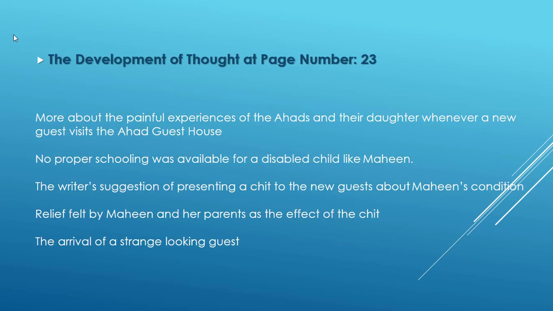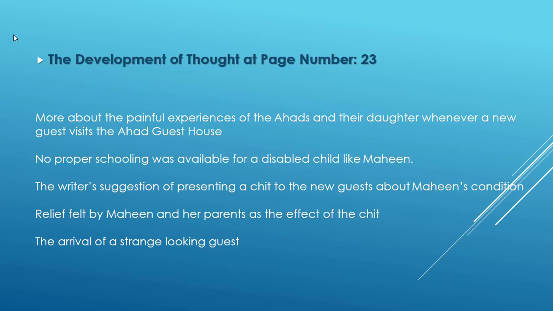The main events of page number 23 are: we learn more about the painful experiences of the Ahads and their daughter whenever a new guest arrives at the Ahad guest house. Then we will come to know that there was no proper schooling for a disabled child like Maheen.